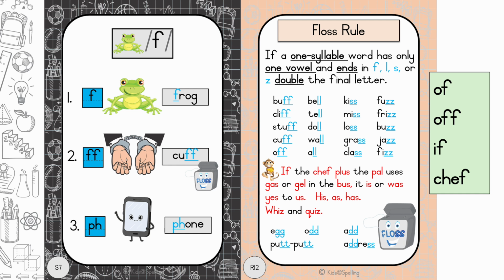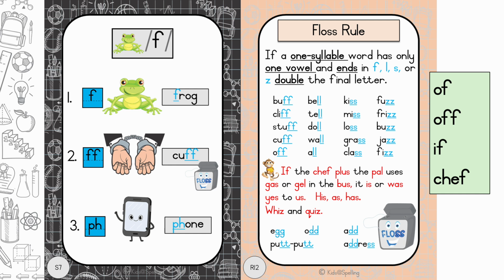For now, if you go back to the left side, we always write the single F if you hear it at the end of the word, if it is after anything else than a short red vowel.